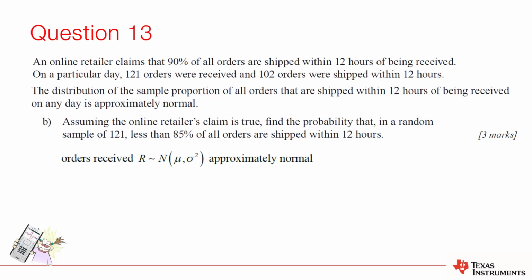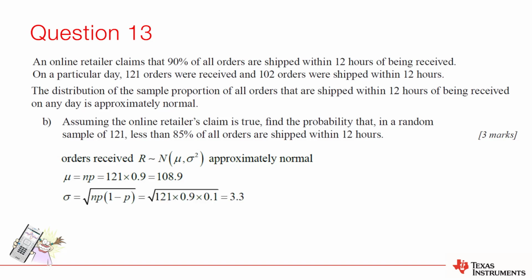R is approximately normal with a mean of mu and a variance of sigma squared. The mean, mu equals np, which is 121 times 0.9, which is 108.9. And sigma, the standard deviation, is the square root of npq, which is 121 times 0.9 times 0.1, all square rooted, which is 3.3.